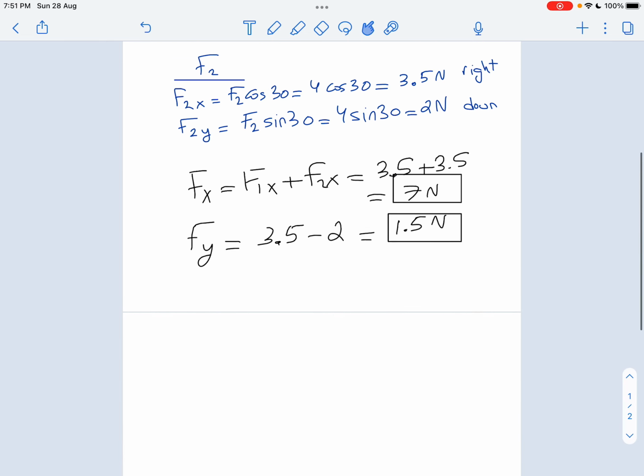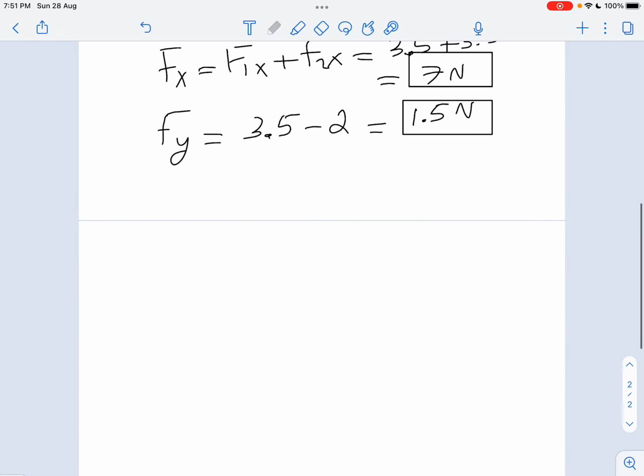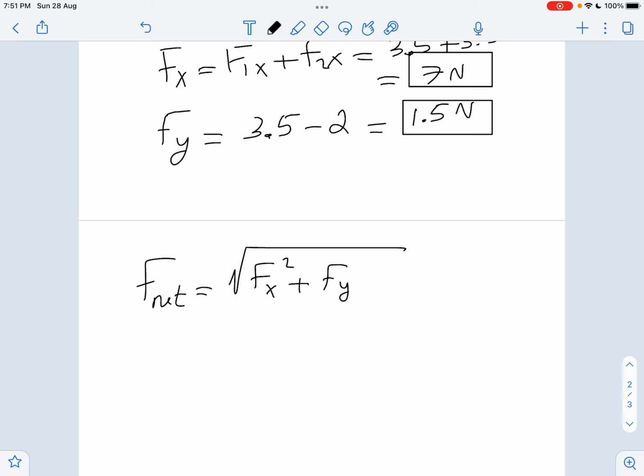Now, since we found Fx and Fy, I can find Fnet. Fnet will be the square root of Fx squared plus Fy squared.